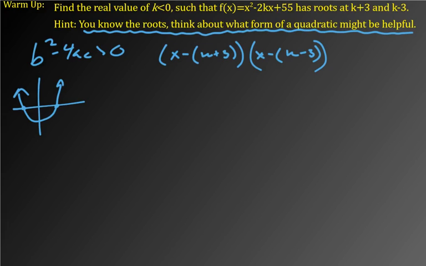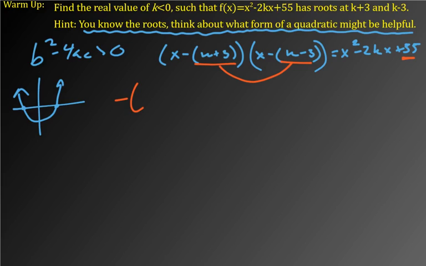So we also know that this thing has to equal x squared minus 2kx plus 55, right? And we know that when we multiply things out here, if we multiply out the constant terms, which would be these two, it has to be 55.